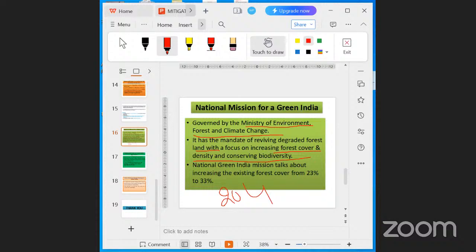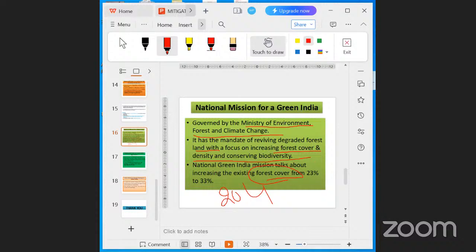As the name indicates, it talks about increasing the forest cover, right? It talks about afforestation and also about preventing deforestation.